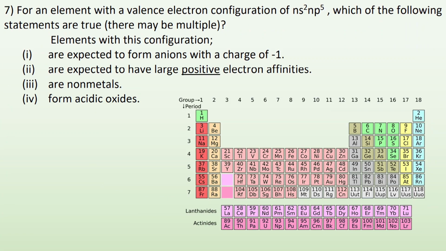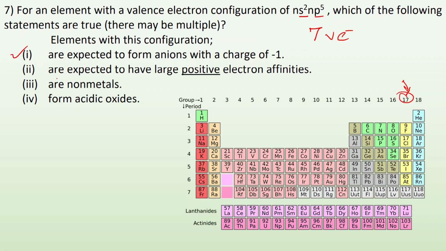7, for an element with a valence electron configuration of ns2 and p5, which of the following statements are true? So if we're talking about ns2 and p5, we're talking about 7 valence electrons. So we're talking about things in group 17. Are they expected to form anions with a charge of -1? Yeah, that's true.